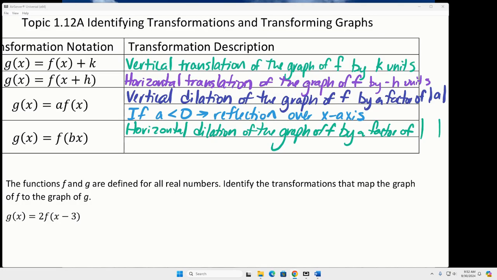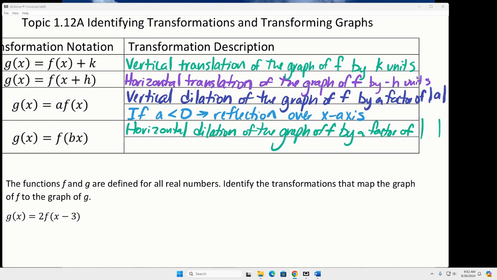It's going to be another absolute value. Because I'm just going to tell you, it's not just going to be B. Just like when we did the horizontal translation, it wasn't just H. We have to do something to B. Any guesses on what we would do?